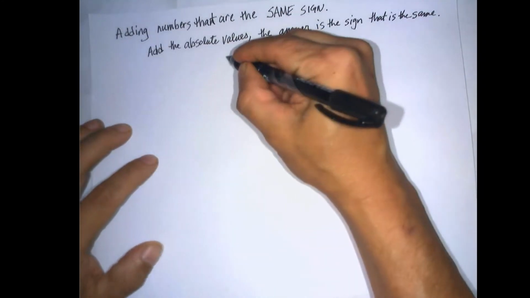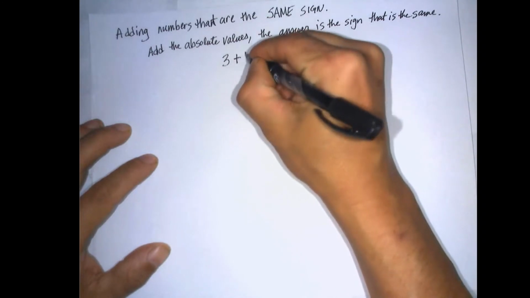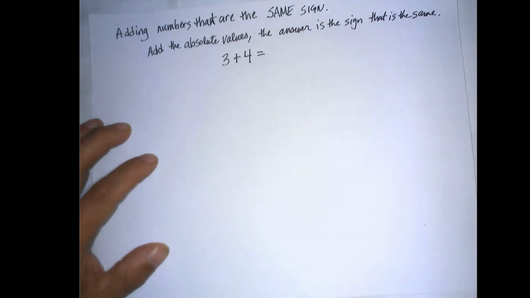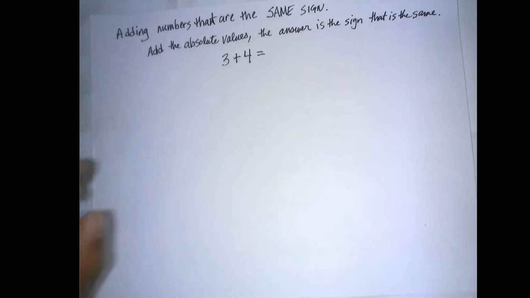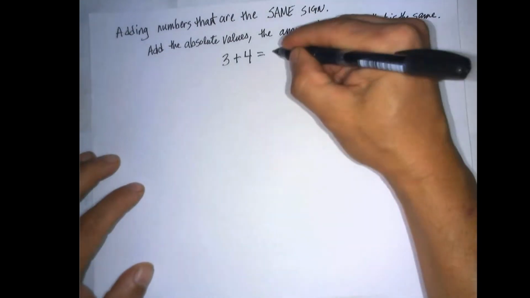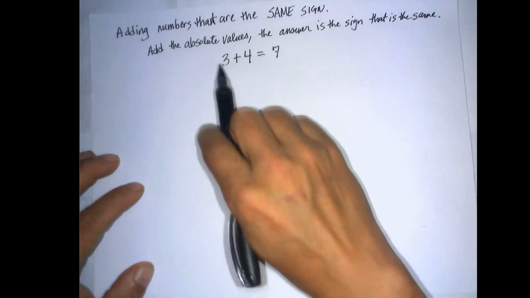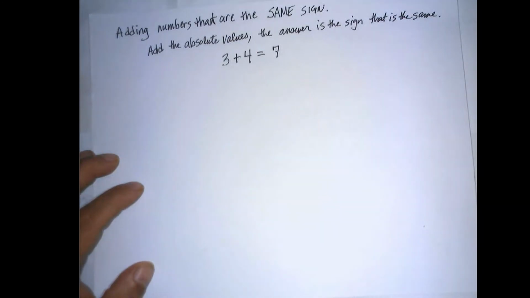For example, one that you already know how to do, 3 plus 4. They are the same sign. We add their absolute values. 3 plus 4 is 7. Both of these numbers are positive, so the answer is positive.